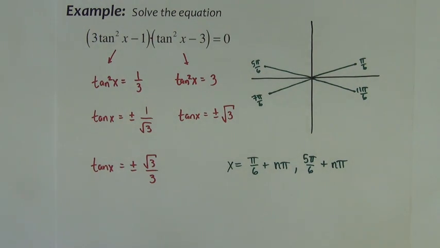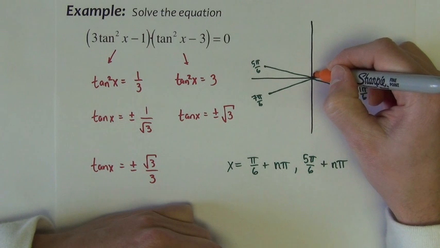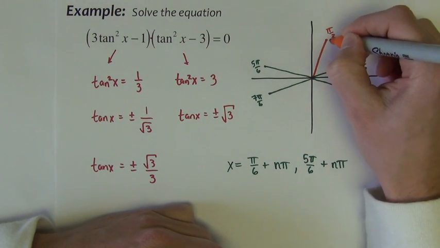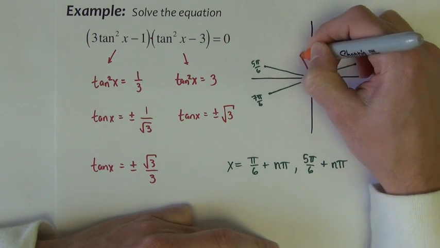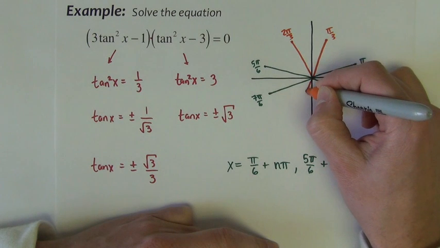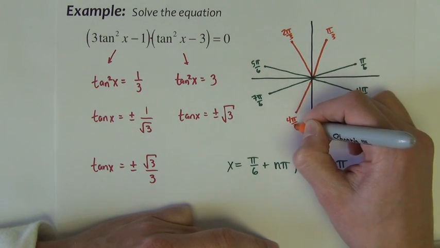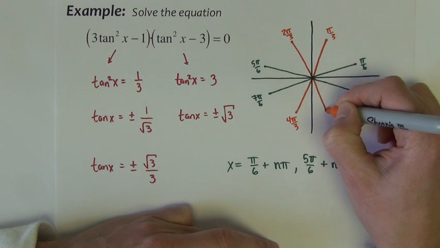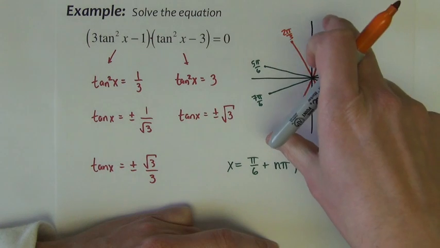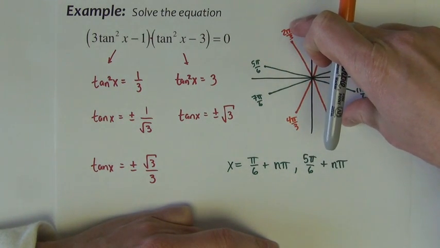Now we also have to consider, where does tangent equal plus and minus square root of 3? That happens here at pi over 3, 2 pi over 3, this would be 4 pi over 3, 5 pi over 3. Notice these two are half a circle apart, these two are half a circle apart.